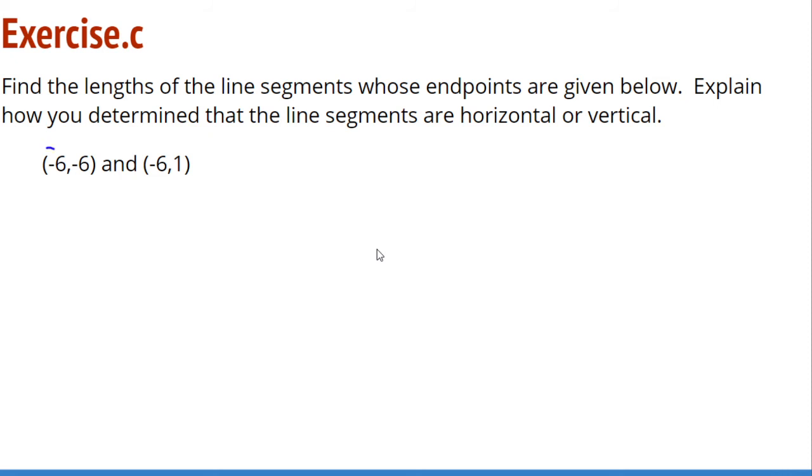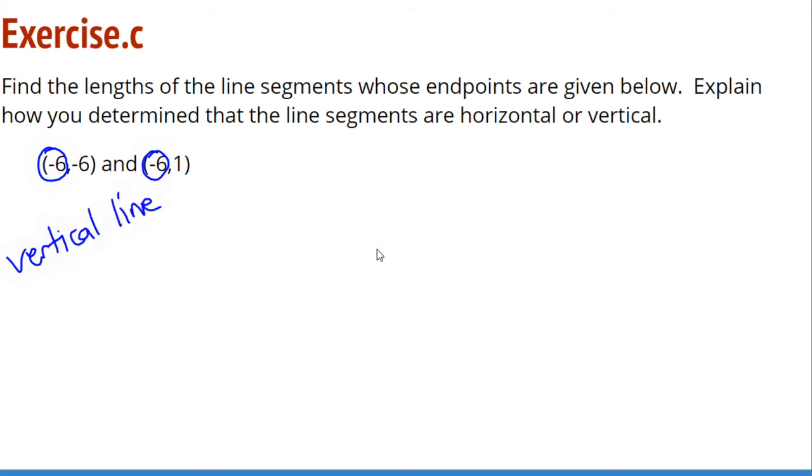All right, they are sharing this first coordinate of negative 6. That is the x-coordinate, and since they share an x-coordinate, that means I have a vertical line.